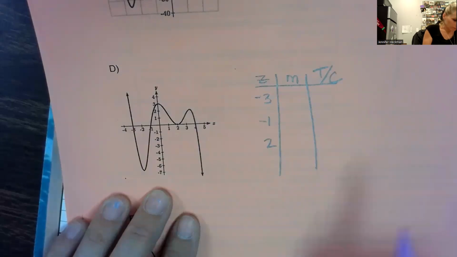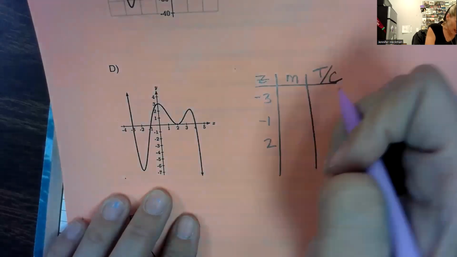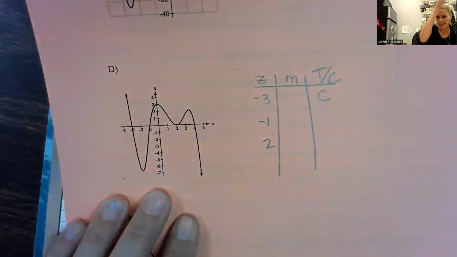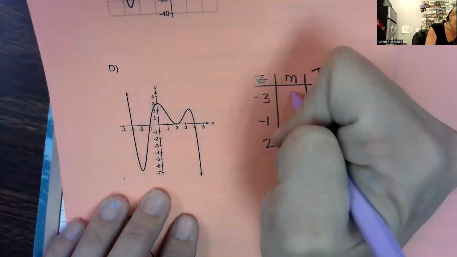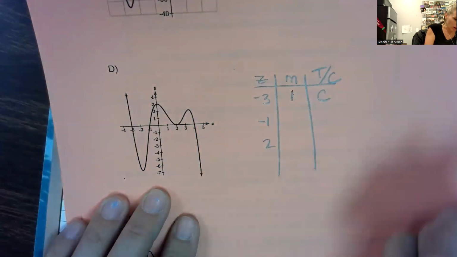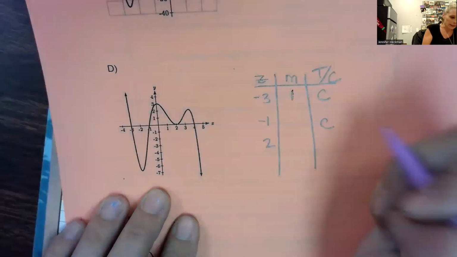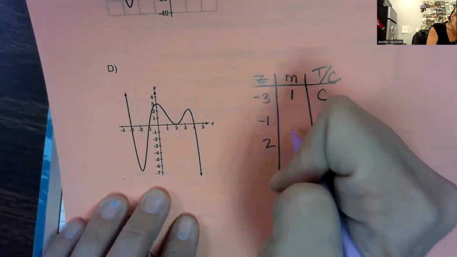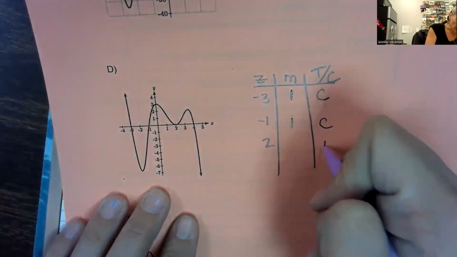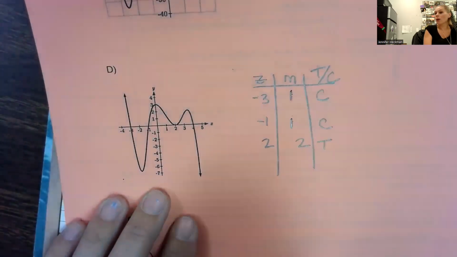Let's see, at -3, it's crossing, and it's crossing like a linear, so that means the multiplicity is 1. At -1, it's crossing at a linear, which is also 1. At 2, it's touching, so that must be an even, and the lowest even we have.